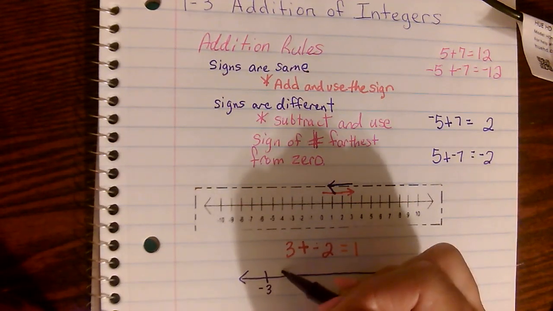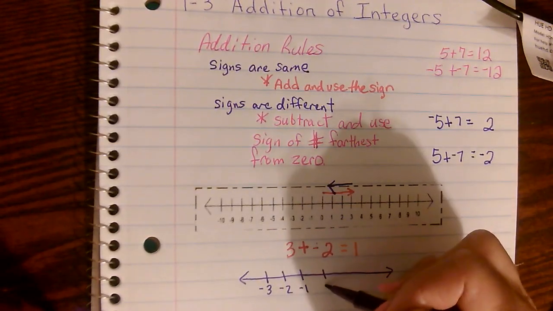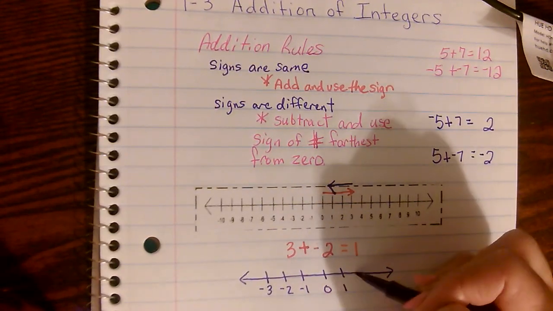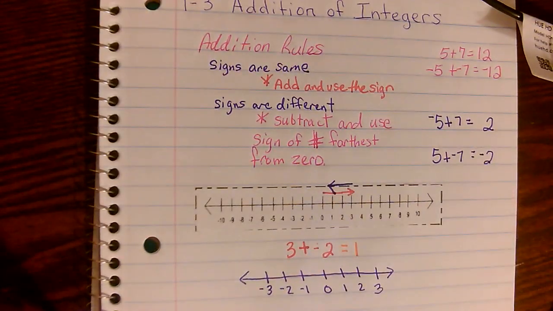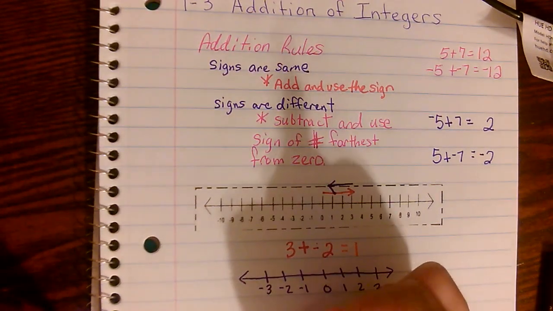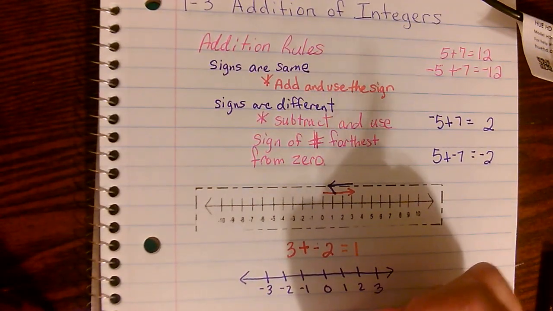Negative 3, negative 2, negative 1, 0, 1, 2, and 3. Alright, this time let's do a different problem, and let's go with negative 3 plus 2, and what that equals.